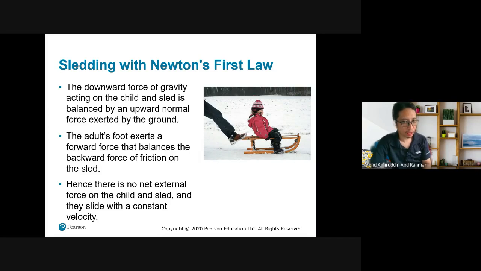Usually on the snow ground the friction will be very small. Because when the sled is moving in, let's say, the x direction, the friction in the negative x direction will be very small. That's why the sled can move with almost constant velocity.